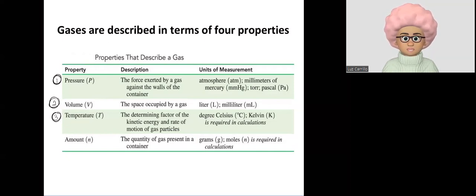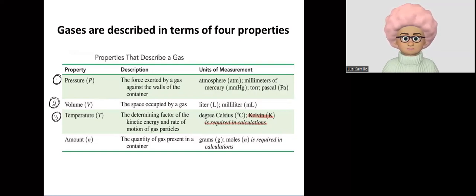We're going to observe that at times when it comes to gases, we can utilize the units of measurement Celsius or Kelvin, but specifically Kelvin is required if we're doing calculations when temperature is present in our equation.